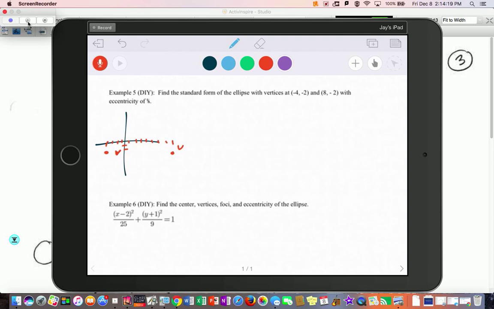If you find the halfway point between -4 and 8, that'll be the center, and that's at (2, -2).